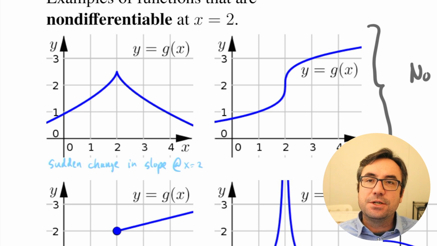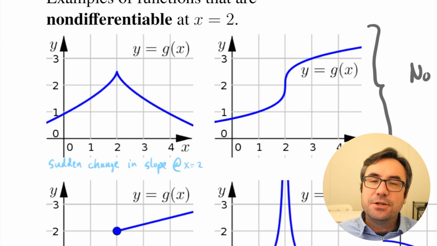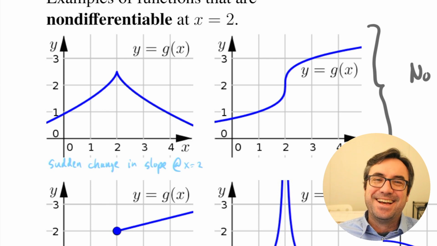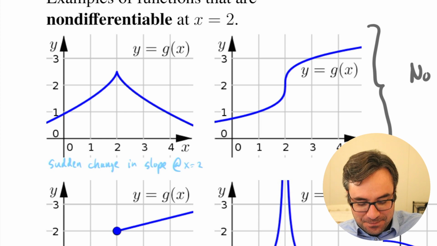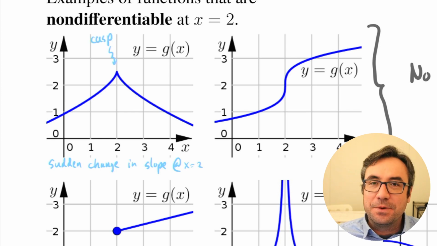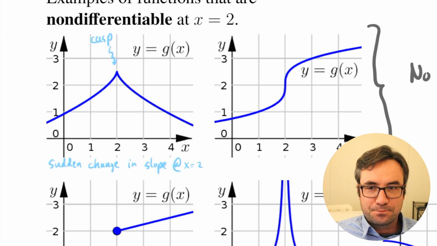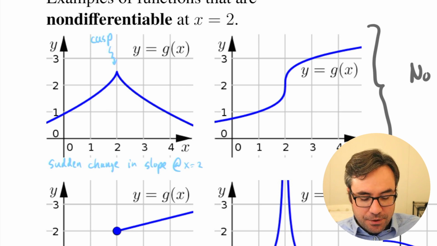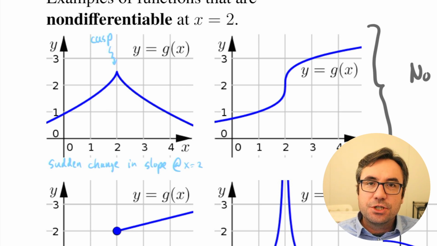Again, think of differentiability as measuring the smoothness of our curve. So there's this sharp-looking point, and we sometimes call that a cusp or a corner, where it looks like the graph comes to a point, or there's just a really sudden change in the slope.